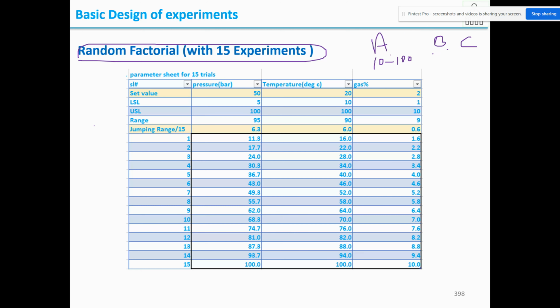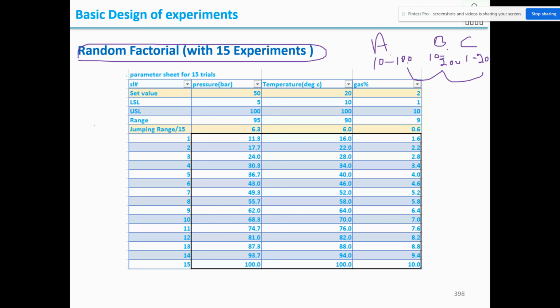B can be changed from 10 to 200. Then C can be changed from 1 to 20. Now assume how many combinations of this we have to run. First you keep it at 10 and run, keeping all others constant, and then keep it at 20 and keep all others constant.